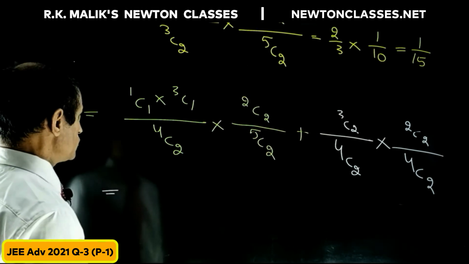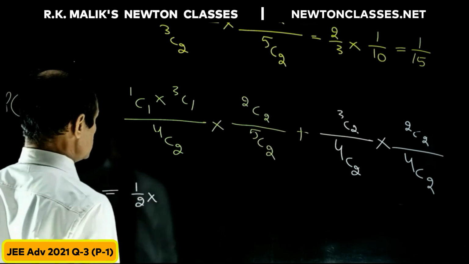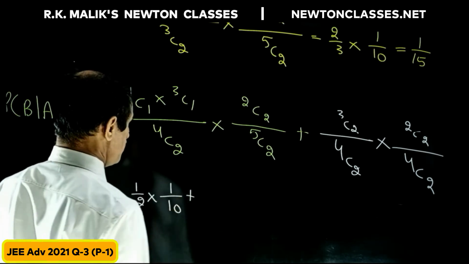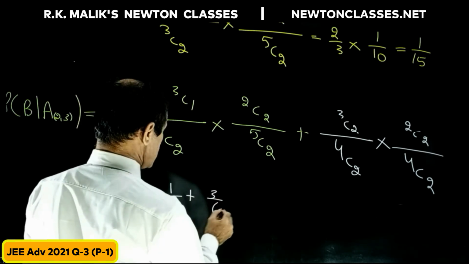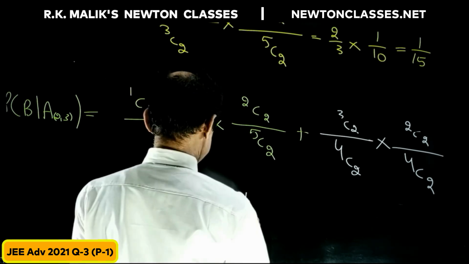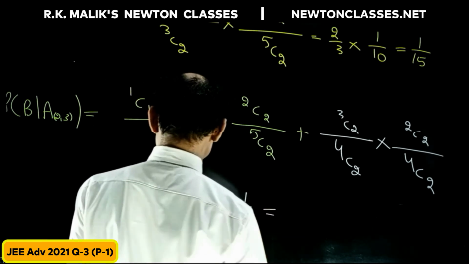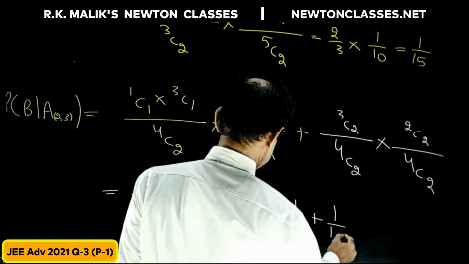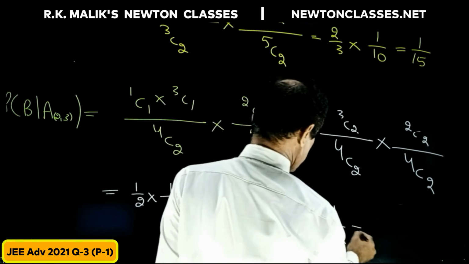This is equal to 1 by 2 into 1 by 10 plus 3 by 6 into 1 by 6, equal to 1 by 20 plus 1 by 12.